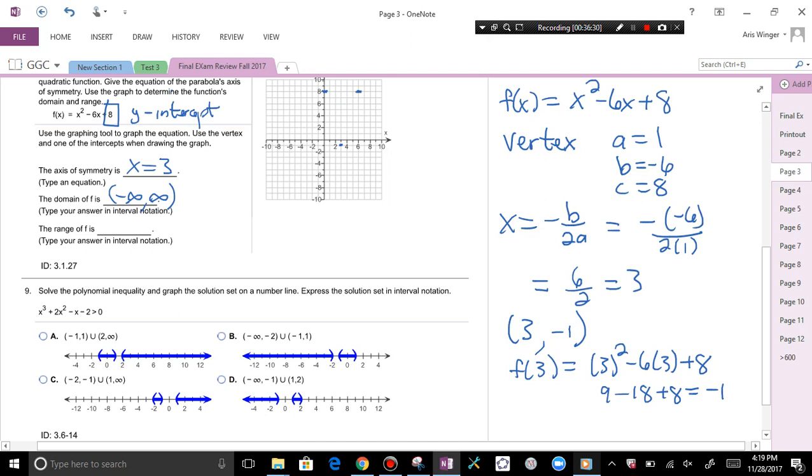There's another point. Thing looks like that. That is badly drawn. The range, -1, the y-coordinate of the vertex, all the way up.